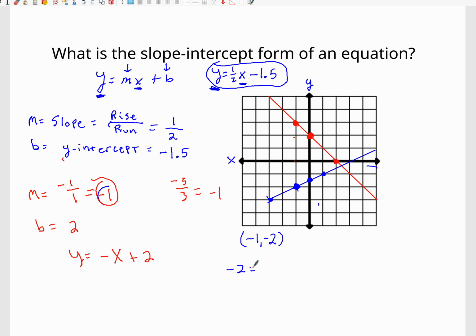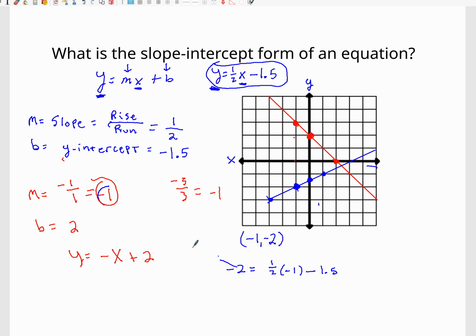-2 equals 1/2 times -1 minus 1.5. I'm down here so low on the screen that I can't reach it with my slate.